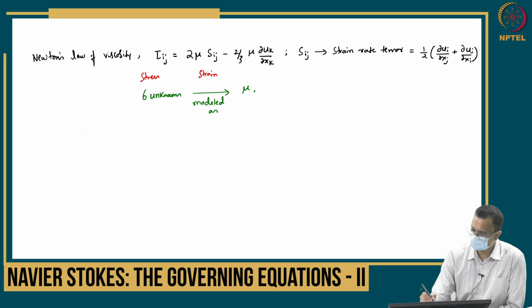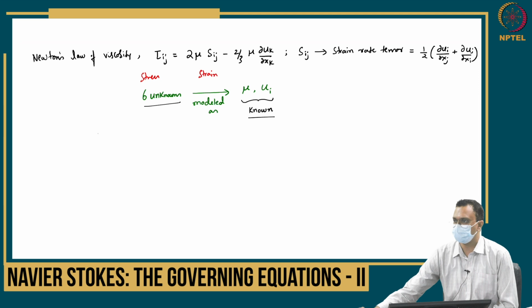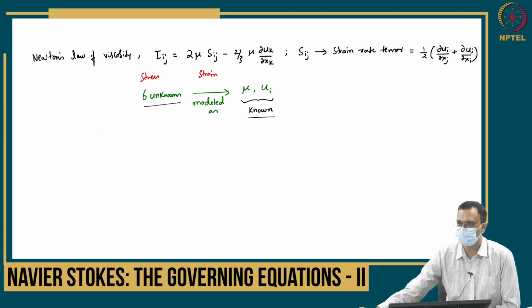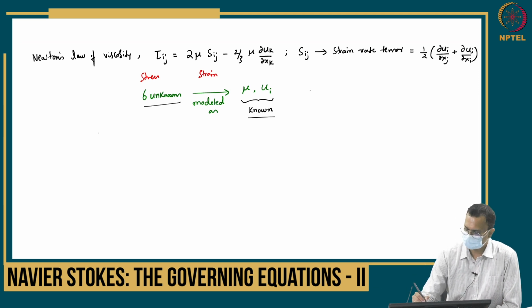Other than that, you would need the strain rate, or basically the velocities, which are known to you, right? So 6 unknowns have been related to known factors, and therefore the equations are closed.